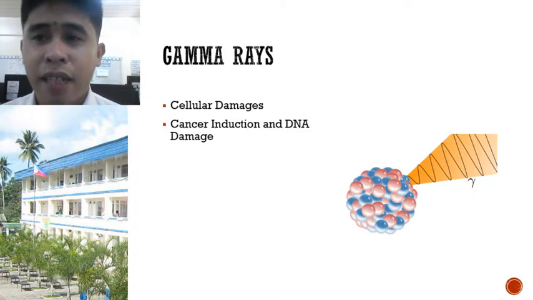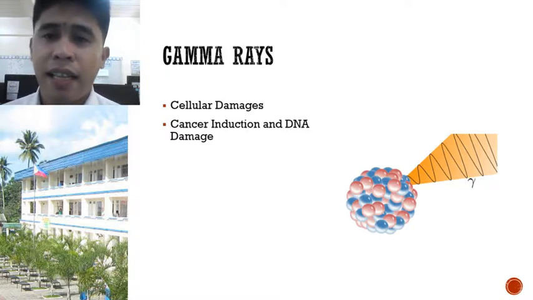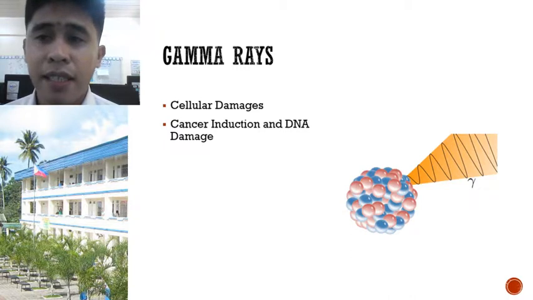Unlike other ionizing radiations like alpha and beta rays, gamma rays pass easily through the body and thus pose a formidable radiation protection challenge. It would be very difficult to stop a gamma ray than stopping an alpha or a beta ray.